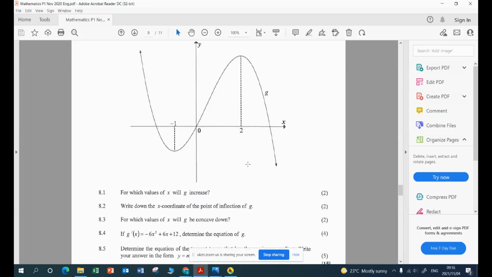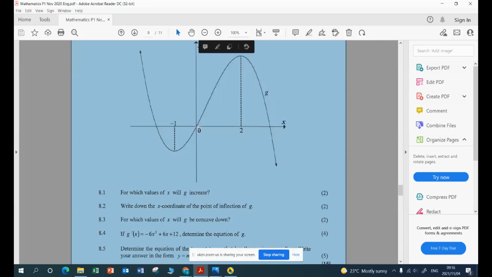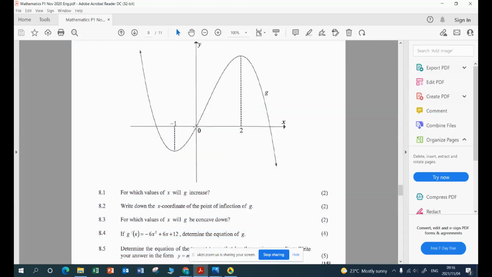If you recall the parabola, I'm going to take a portion, let's say for x greater than 0. I'm just taking a portion of the graph for x greater than 0. And if you just consider that part, it looks like a parabola, right? And that is concave up.